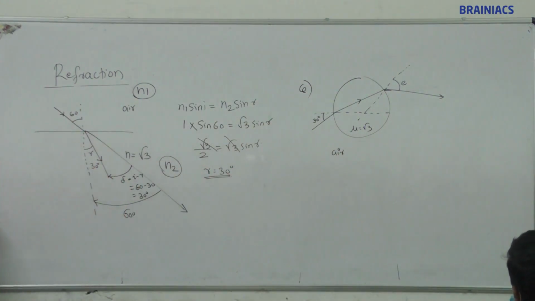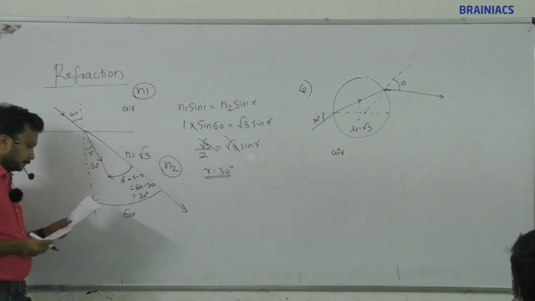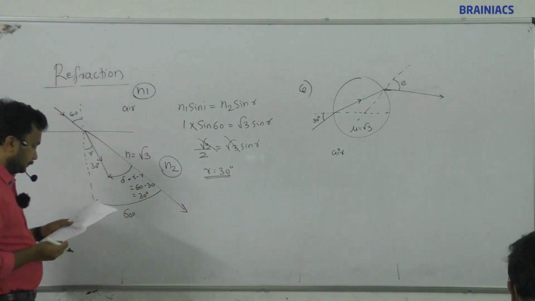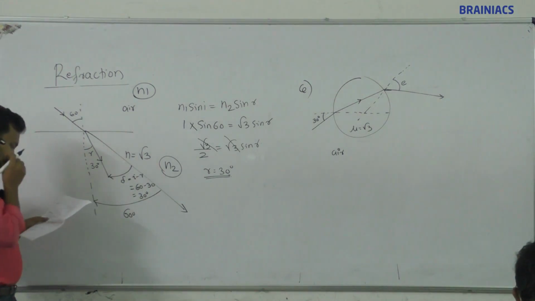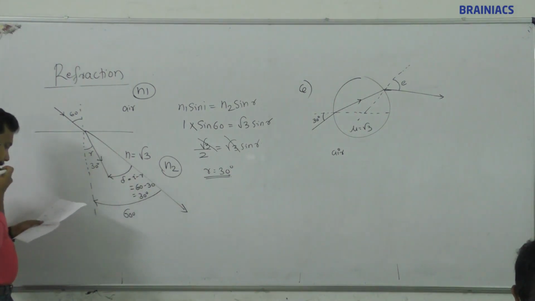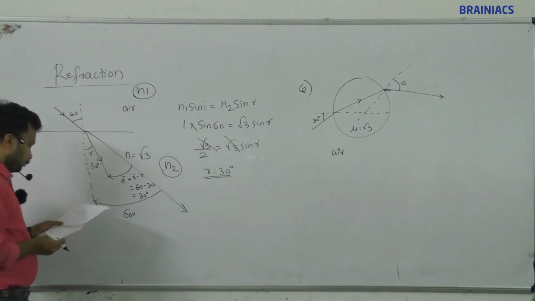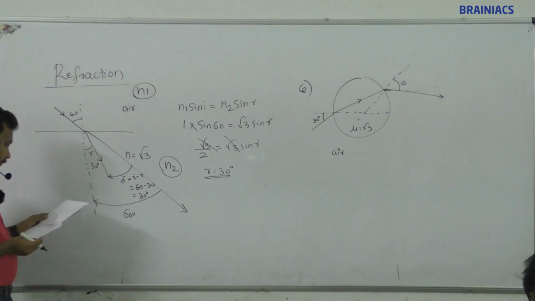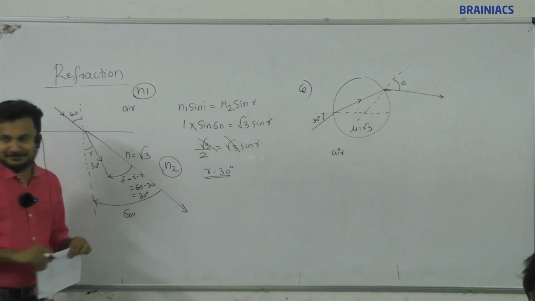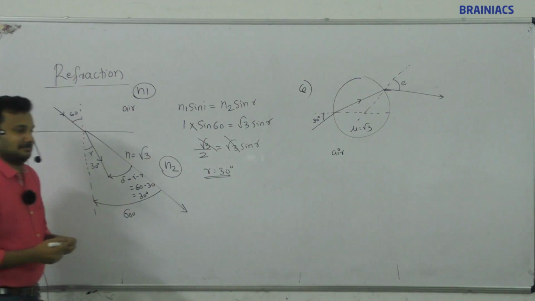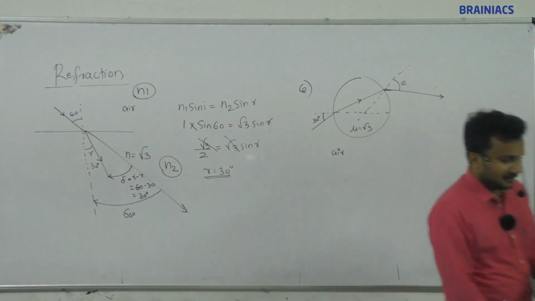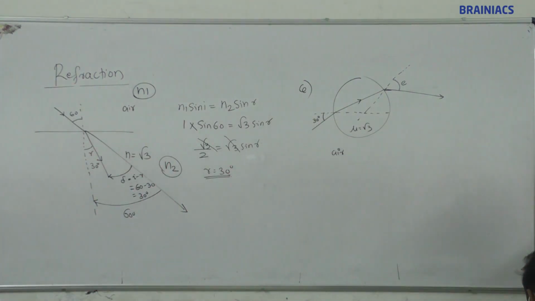Find the angle of emergence. 30 degree. 30 degree. Good, is it the answer? It will be inside, then it will be downside. So both cancel, so 30 degree is safe.